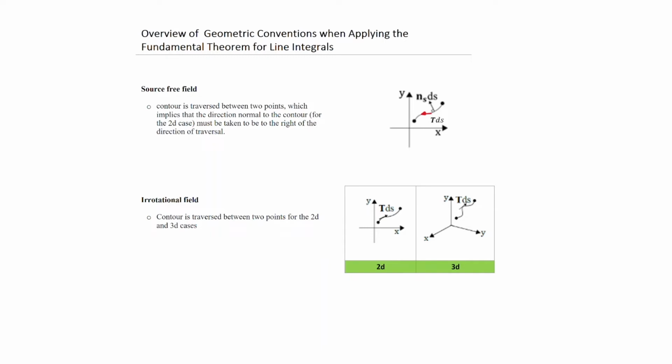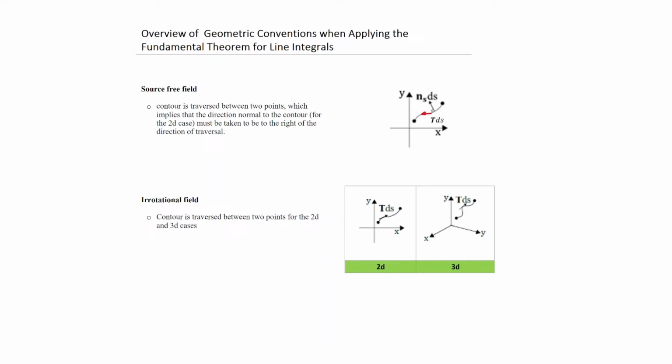So we're going to look at 2 specific cases here: the source-free field for the 2D case and the irrotational field for the 2D and 3D case. What we're trying to do here is to see whether or not we can relate the endpoints on a particular contour to some specific scalar property. The details will become apparent when we look at the actual mathematical relationships.